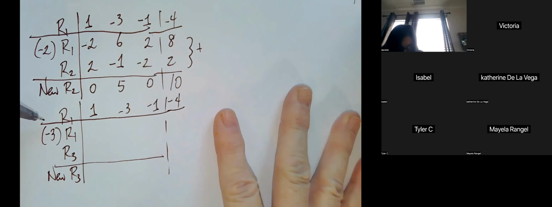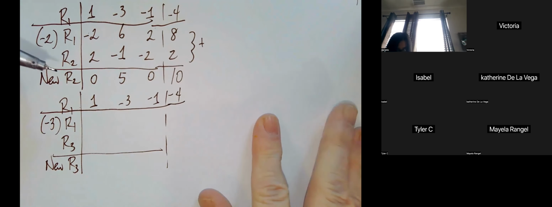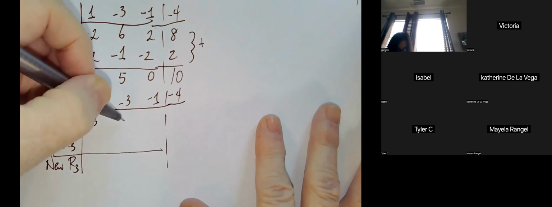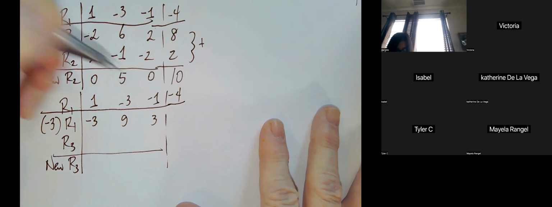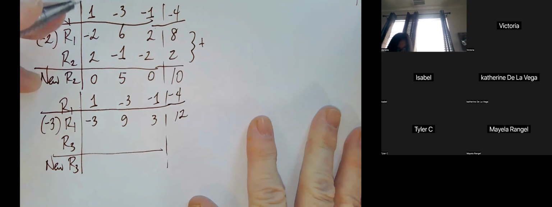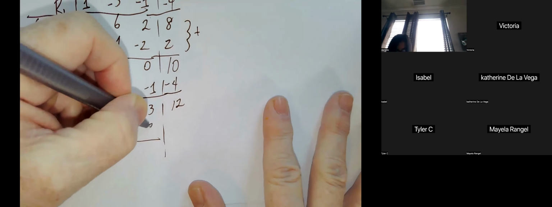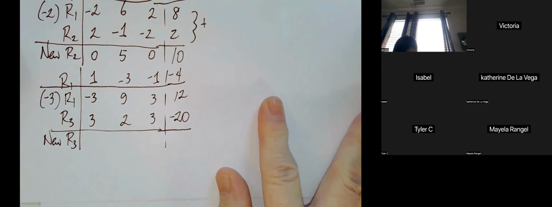What is -3 times row 1? -3, 9, 3, and 12. Awesome. Row 3 is currently 3, 2, 3, -20. So what is our new row 3? 0, 11, 6, and -8.